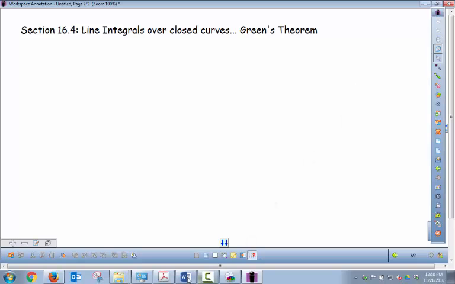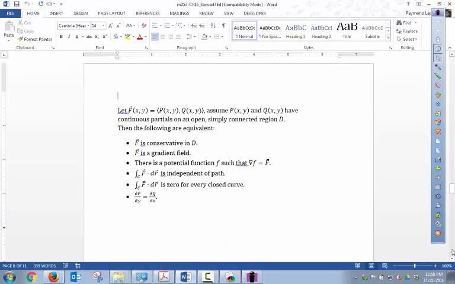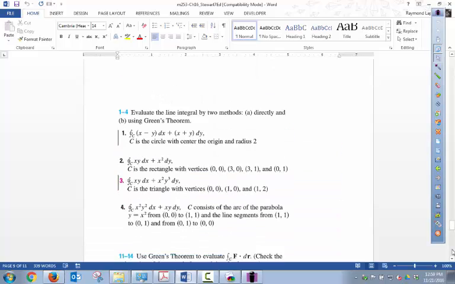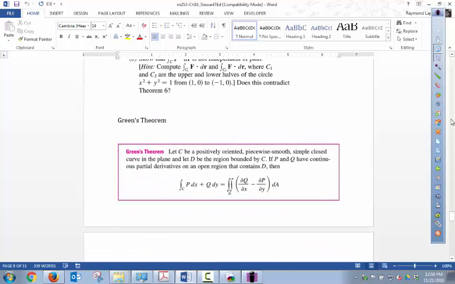All right, so I'm going to steal Green's theorem from my notes, which was stolen from the book.